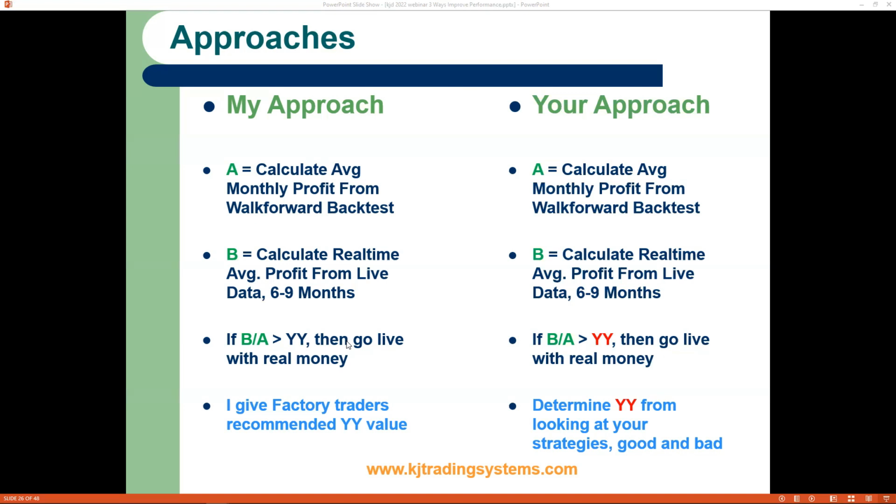You want to compare your backtest performance, preferably walk forward or out of sample, with your real-time performance. Take the ratio of the two and see where that falls. Okay, so that's how you can do it. Again, if you don't want to do that for 50 or 100 strategies, the alternative is to follow what I do.